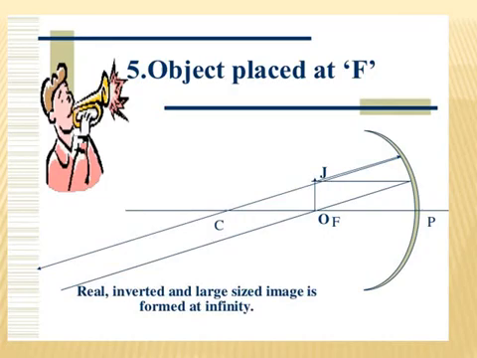So the image is formed at a very great distance, at infinity, and the nature of the image formed here is real because they are going to meet only on the left side. It will be inverted and it will be a very enlarged image, and it is formed at infinity. So this is the ray diagram for the object which is kept at F.